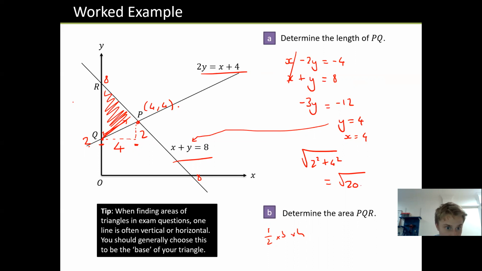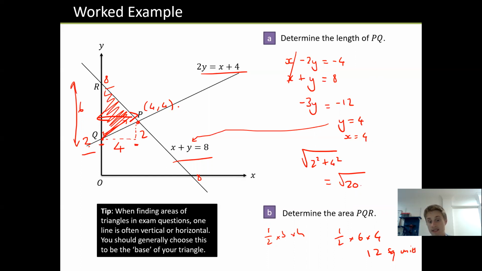So your base could actually be this distance here, from 2 to 8. So that's 6, isn't it? What's the height? Well, the height is from x is 0 to this coordinate, which is 4. So half times 6 times 4, which is the same as 3 times 4, so it's 12 square units.